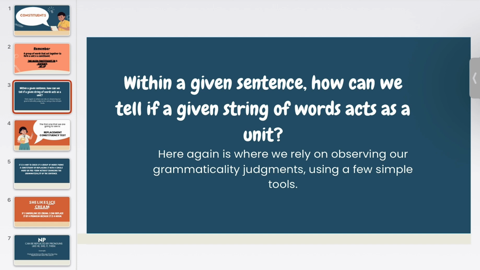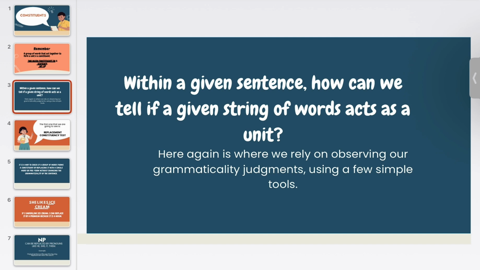So here, within a sentence, how can we tell if a given string of words acts as a unit? Probably you are wondering, strings of words is like a sequence of words. Strings of words is when we talk about constituents.